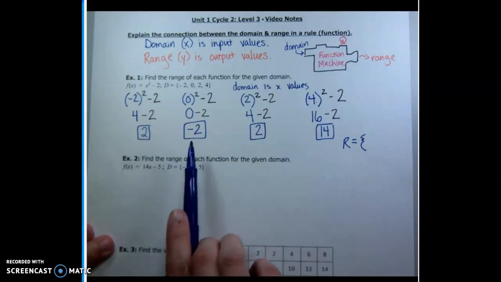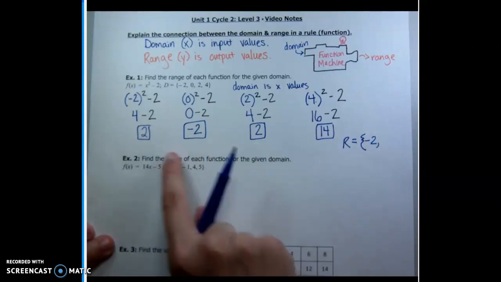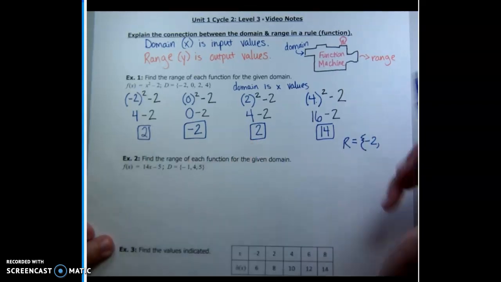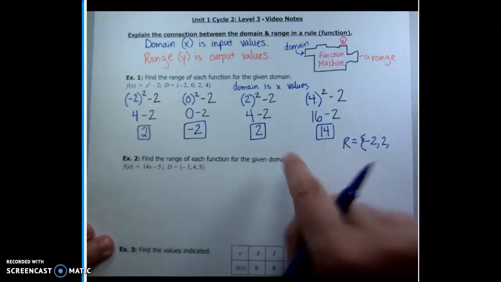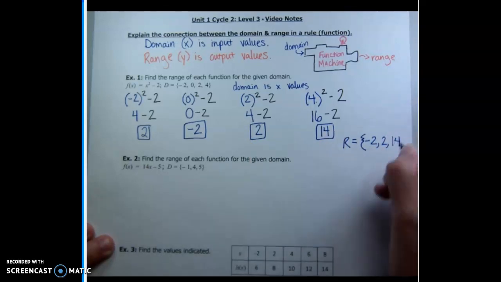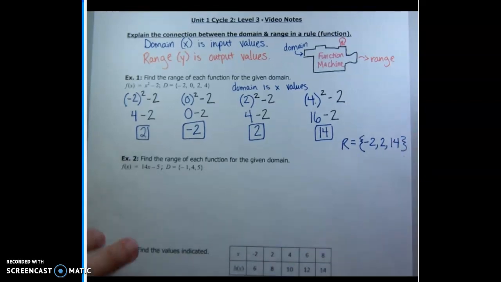So I have negative 2 is my lowest. And then I have 2, but I have 2 of them. I'm only going to write it one time. And then I have 14. And then I can close it off. So I'm going to add myself a little note on the side.